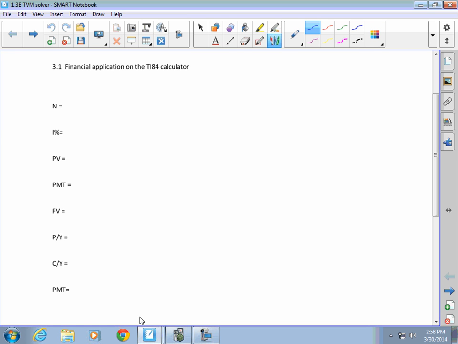So N, capital N, and they don't use the exact same thing as they do in our notes, so that's why I'll go through each one of these. So N is your number of payment periods. So if it was 10 years compounded semi-annually, that means you'd have 20.